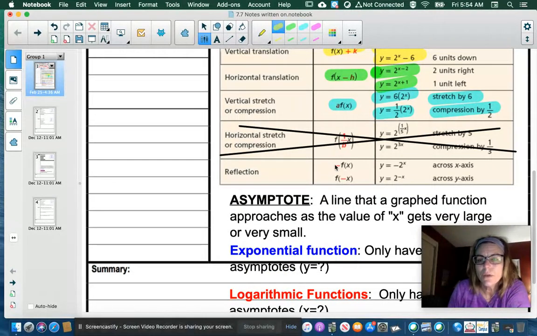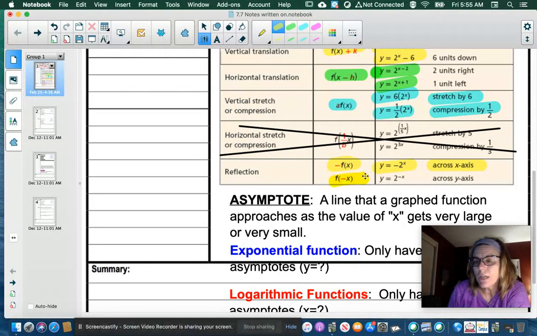Reflection, when you have a negative out in front, like this, that's reflecting over the x-axis. So up here, if there was a negative 6, it would still be a stretch by 6. That negative out in front would be reflect across the x-axis.